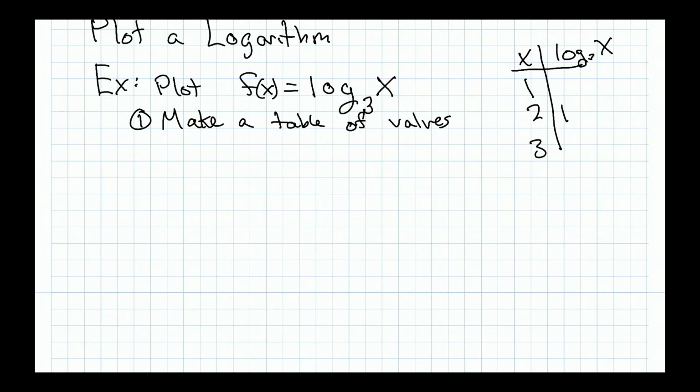When you get to this middle one, you'll have log base 3 of 2. And you're not going to know how to calculate the log base 3 of 2 by hand. You could do it if you had a calculator, but generally you don't want to need to use a calculator for these problems. So you have log base 3 of 2, you don't like that.